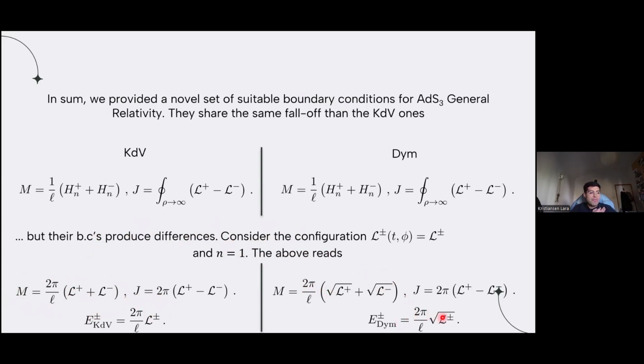So, in sum, we provided a novel set of suitable boundary conditions for ADS3 GR. I thought that they share the same Fallot as KdV.